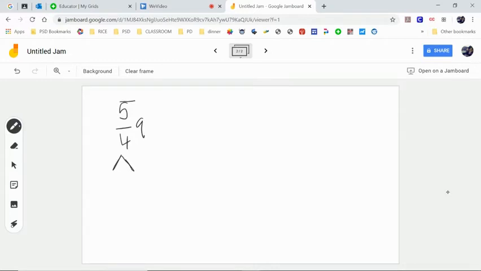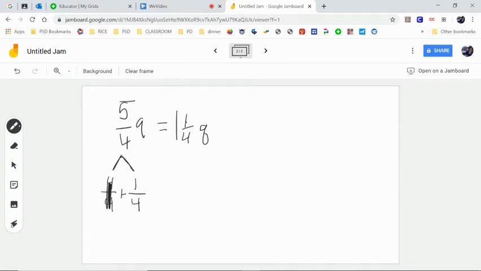I know that 4/4 will give me 1 whole. If I subtract 4/4 from 5/4, what I have left over is 1/4. Like I said, this equals 1 whole. So 5/4 gallon equals 1 1/4 gallon.